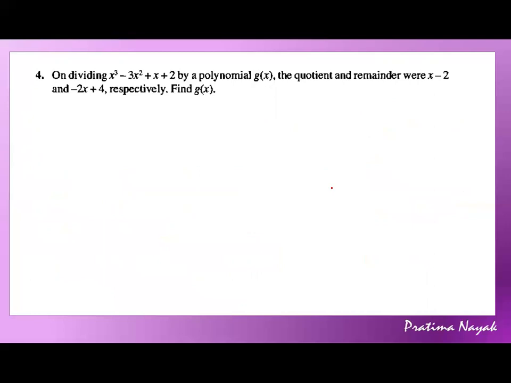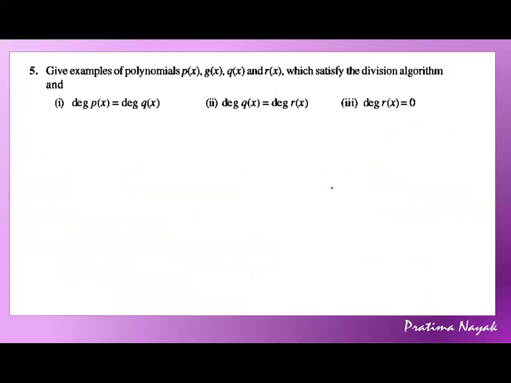Next is question number 4, we have finished. Okay. Next is question number 5. Give examples of the polynomials p(x), q(x), g(x), q(x), r(x) which satisfy the division algorithm. Where the degree of p(x) is the same as the degree of q(x).